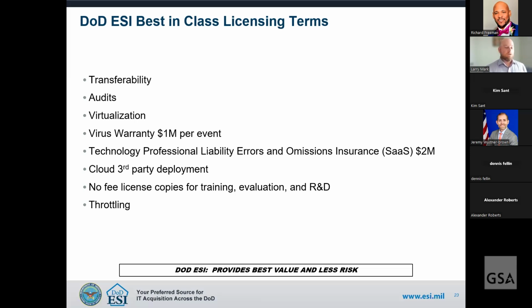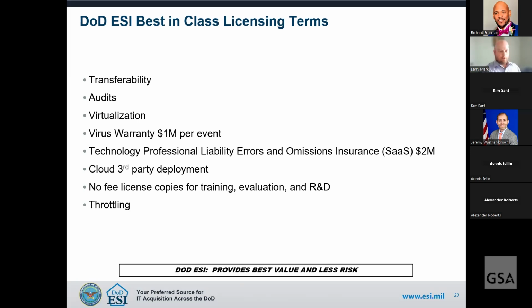In most commercial terms, for audits, the publisher has the right to come in and audit your network or your system to verify that you are using their software in accordance with their license terms, and that you're not using more licenses than you actually purchased.